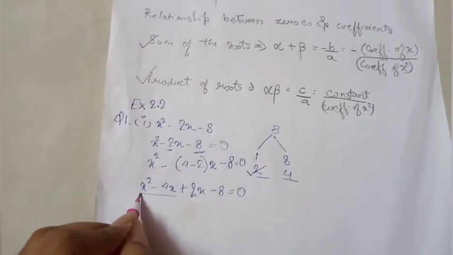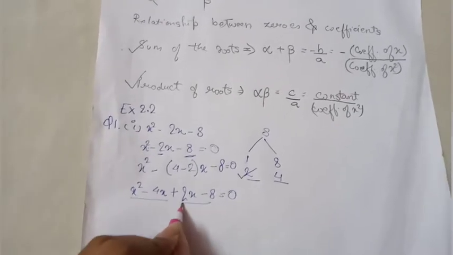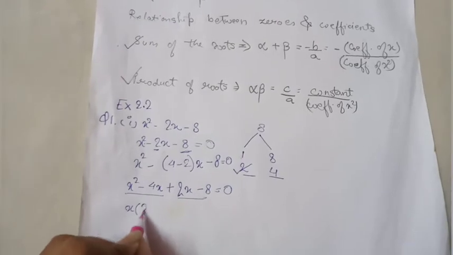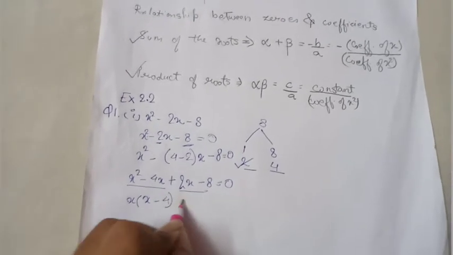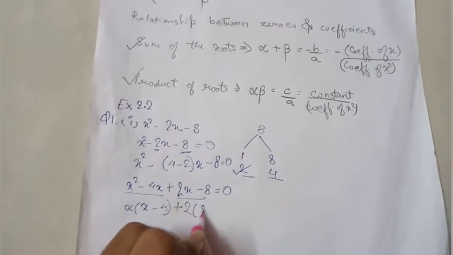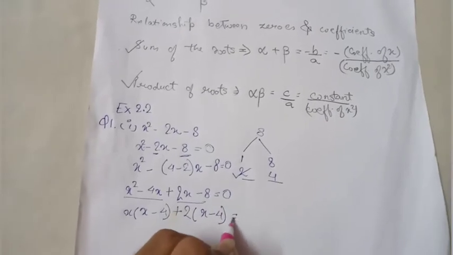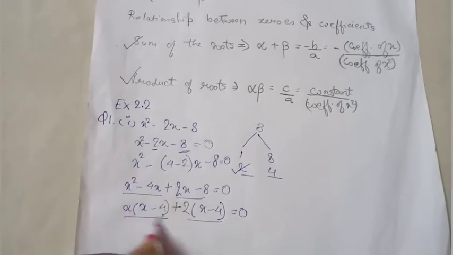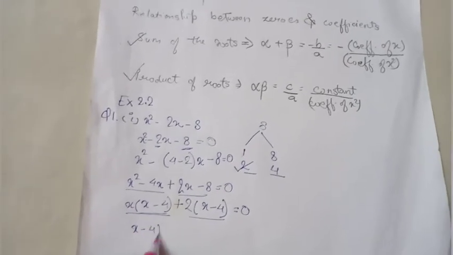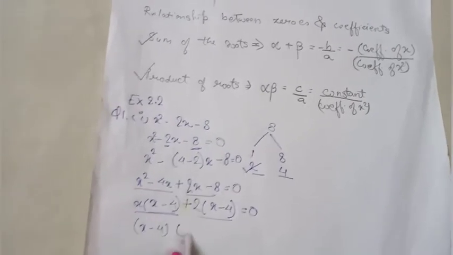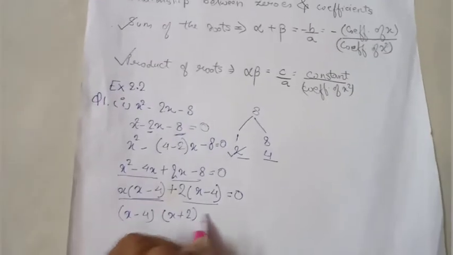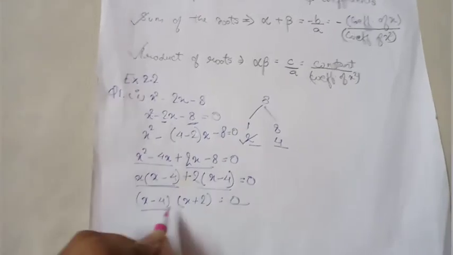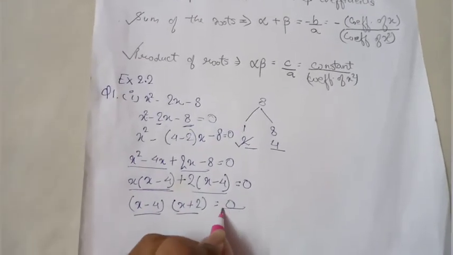Now we'll take common from the first two terms and common from the last two terms. Here we get x common, giving x minus 4, plus 2 and again x minus 4 equal to 0. Now we'll take x minus 4 common from these two terms, and the other factor is x plus 2 equal to 0. Now we'll equate each bracket to 0.